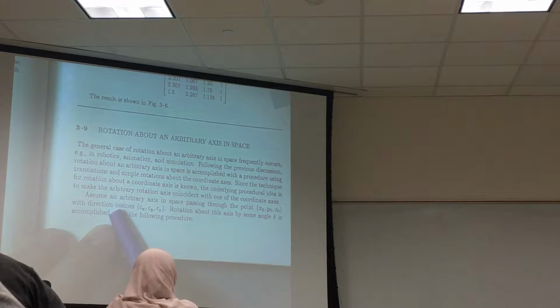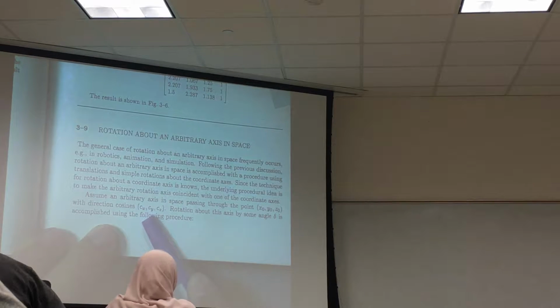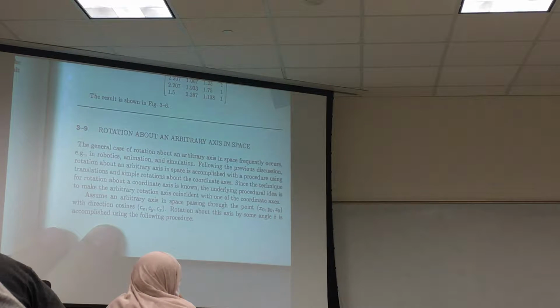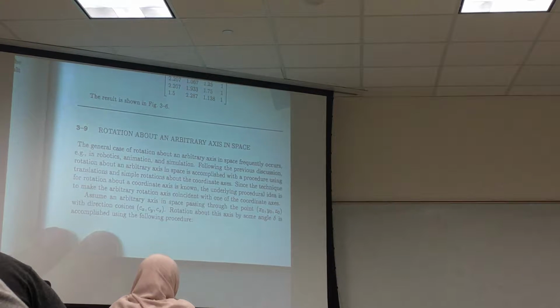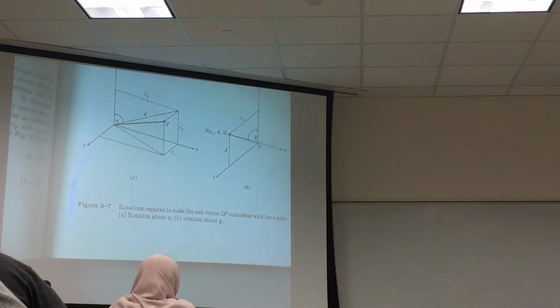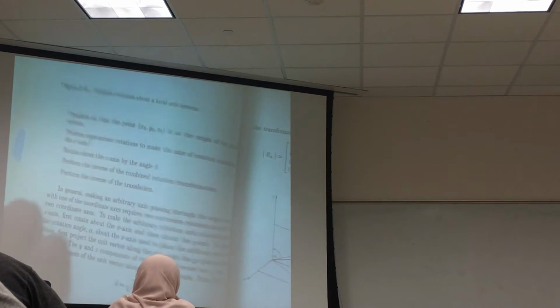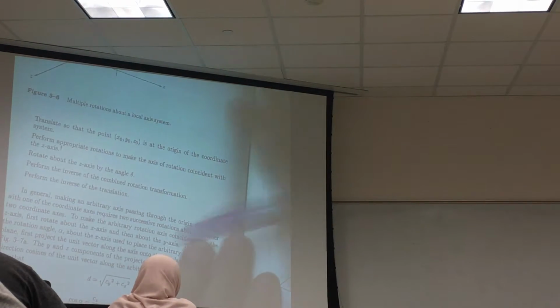From the unit vector, we define the direction cosines, which are the components of that unit vector. So rotation about this axis by some angle, say delta, follows this procedure. That's the same thing we did in our textbook.